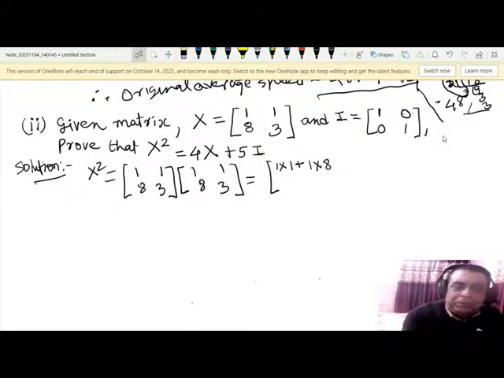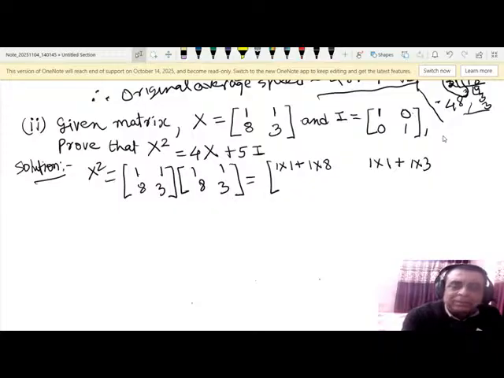So 1 times 1, plus the second element of the first row on the left, which is 1, multiplied with the second element of the second column on the right. So 1 times 3.